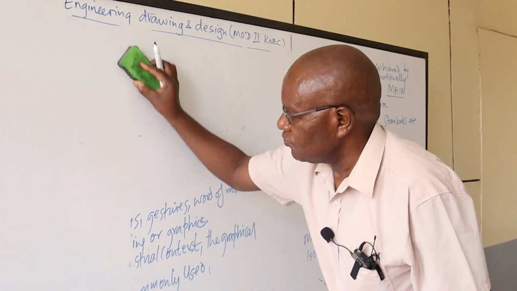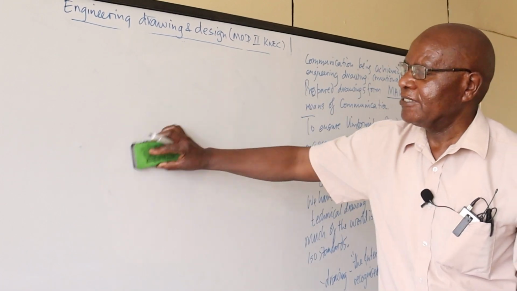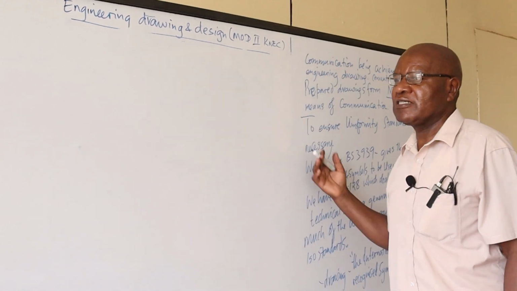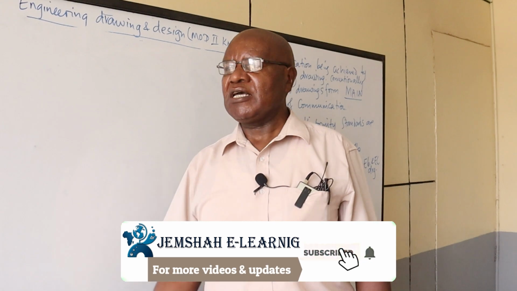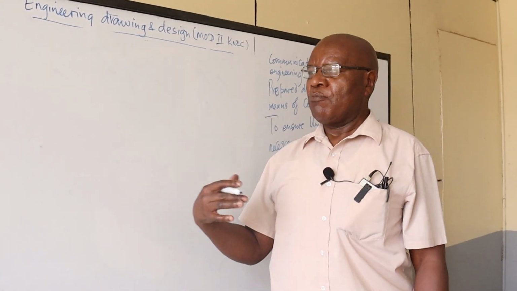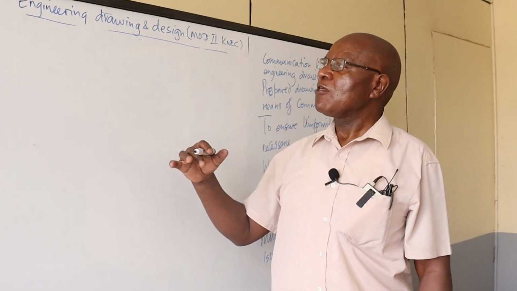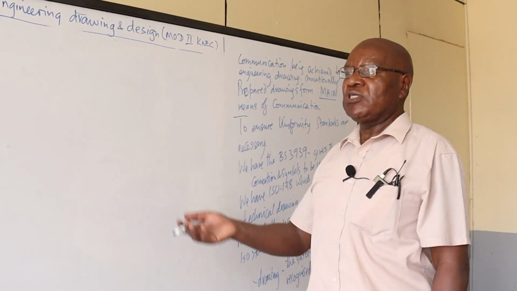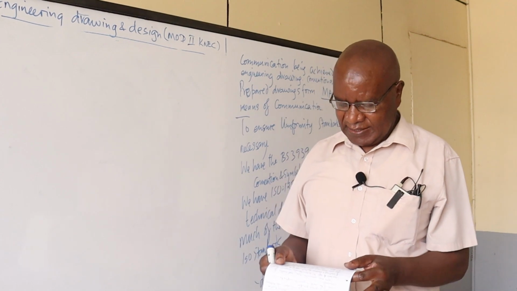Now, the symbols you'll be asked to reproduce mainly should be the latest. Now, we say the standards can be formed and they can also be revised. So we might find that a symbol was in a standard maybe some 10 years ago. Now the standard has been amended or modified and the symbol has changed. So come examination time, you should quote or draw symbols which are of the latest edition of your standard.